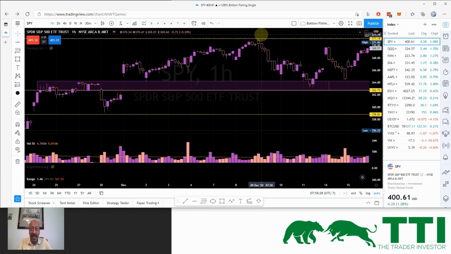Wherever you enter, the other side is your stop, because here, we're entering at 369 and our stop around 371 is a $2 and change stop for a potential $3, $4 move from 369 to 362. This was a $7 move, so very, very good risk to reward ratio.